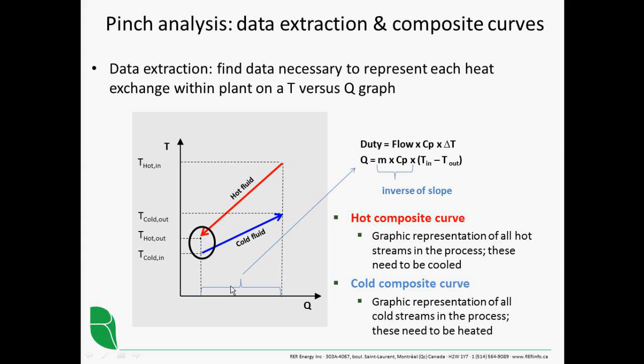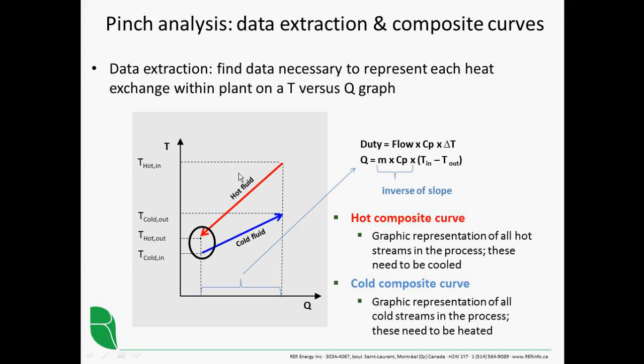It's not the absolute value of Q that has any physical significance. It's the delta Q that has significance. And that's a key consideration, as we'll see in the next slide. So we can't move these curves up and down, but we can shift them left and right. Also, the slope of these line segments is essentially dictated by the values of the mass flow rate and the CP. The slope is essentially the inverse of the mass flow rate times the CP.